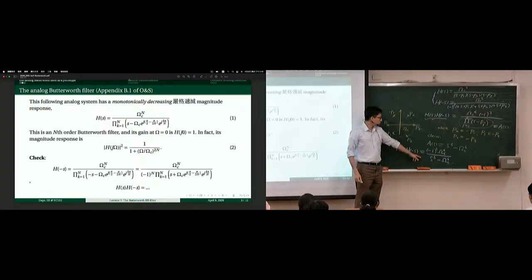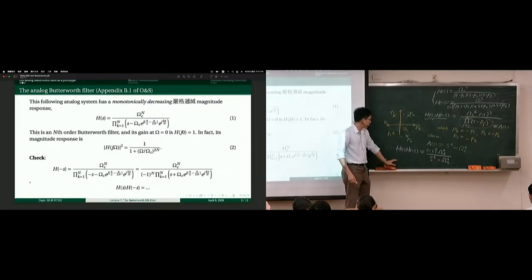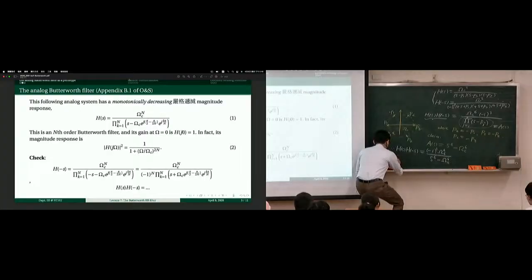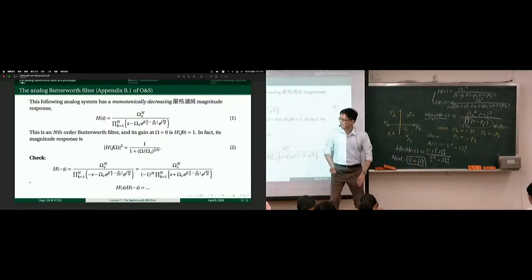So that's kind of an intermediate step we have achieved so far. This expression becomes pretty simple, right? But now the next thing here, let's evaluate both sides of the equation at s equals j big omega. Okay? So next, let s equal j big omega. Yeah, let's do this.